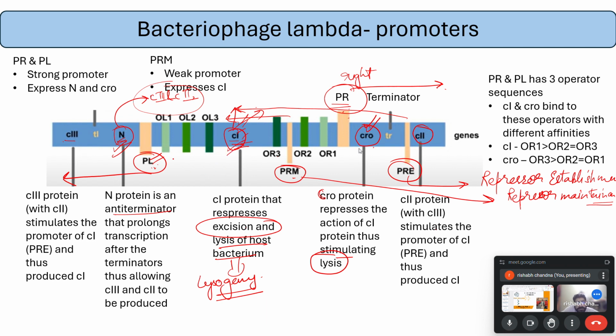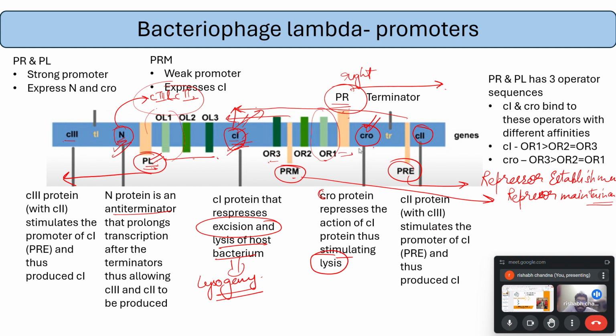And then to control these promoters, we have operators. Okay, so to control PL, we have the operator on the left side, that is OL. So there are three operators, OL1, OL2, OL3, and similarly on the right-hand side, we have three operators, that is OR1, OR2, and OR3. Okay, the first operator is basically nearer to the main promoter.